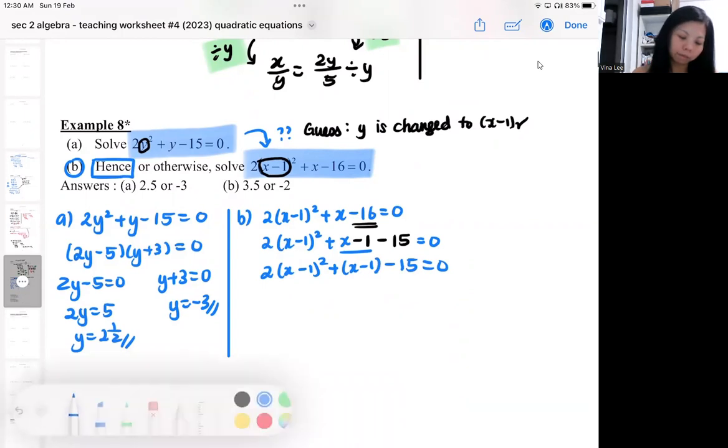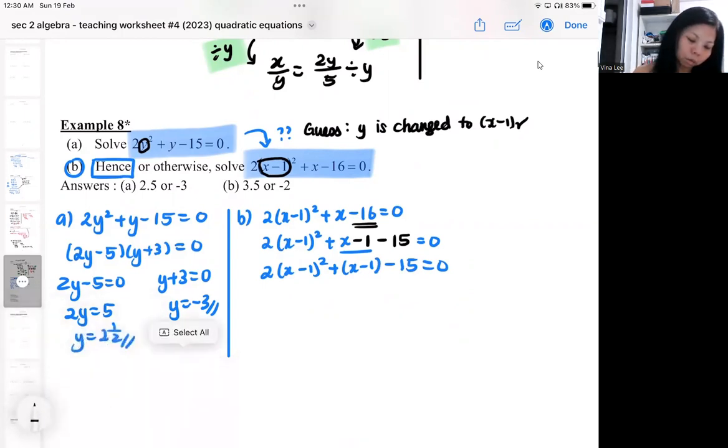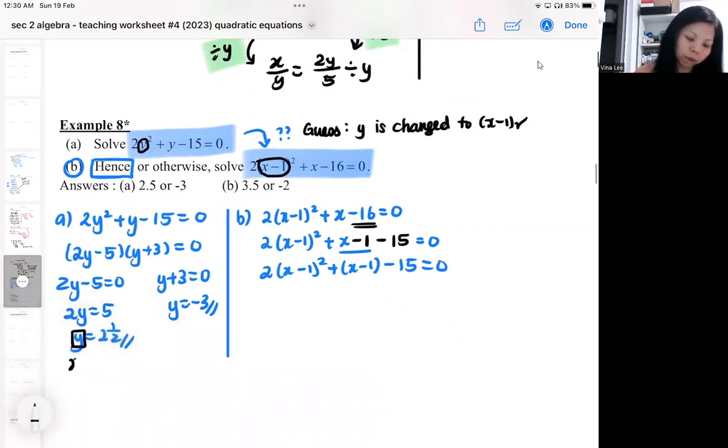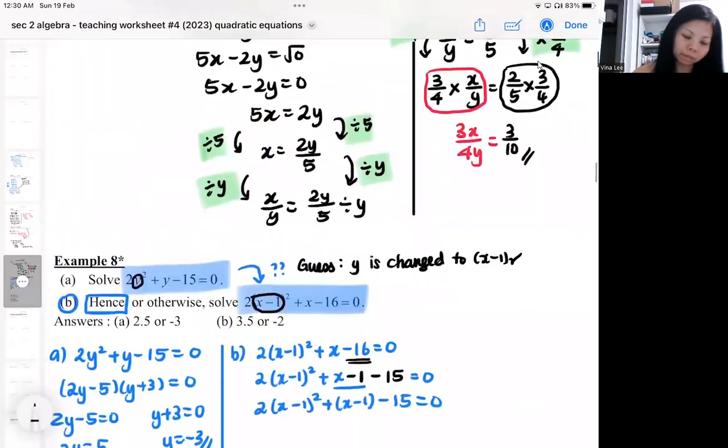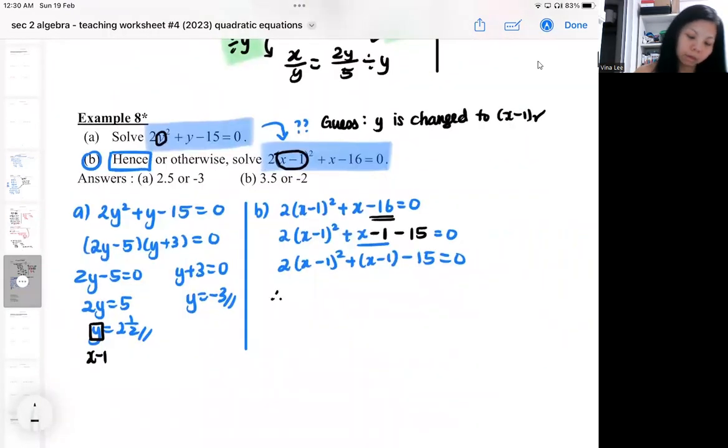What does that mean? Meaning the y here is also changed to x minus 1. That means instead of y equal to 2.5, I will have x minus 1 equal to 2.5.